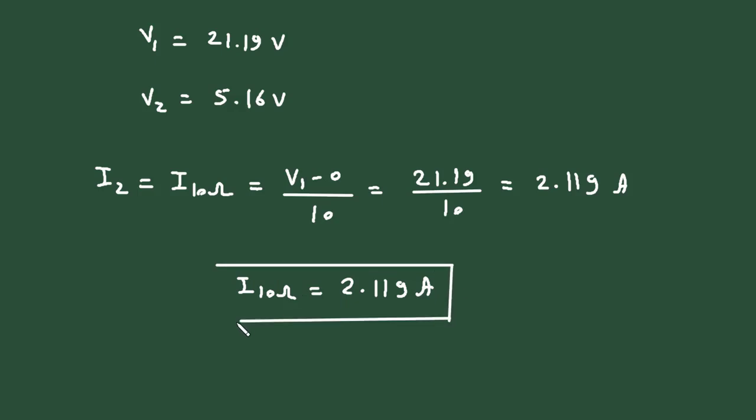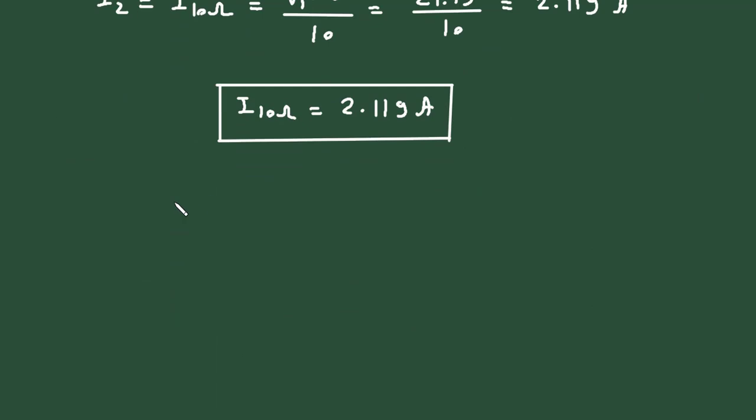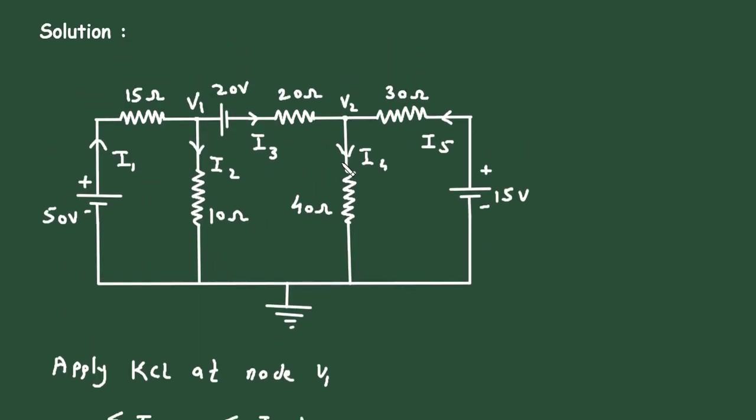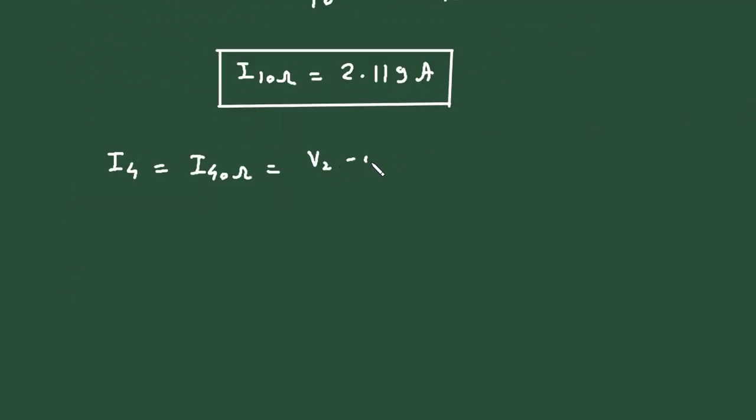Next is I40 ohm. So I4 is equal to I40 ohm, which will be (V2 minus 0) divided by 40.